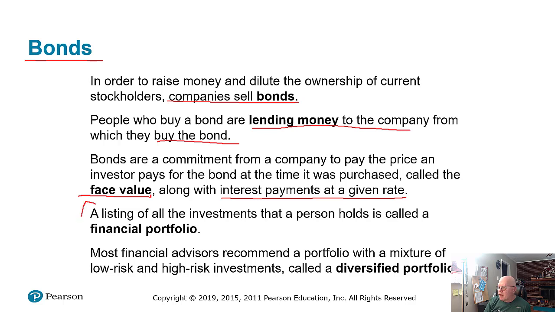If you have a number of investments, put all those investments together, that's called your financial portfolio. A very smart idea is to get different kinds of investments. That's called a diversified portfolio, some with higher risks than others.